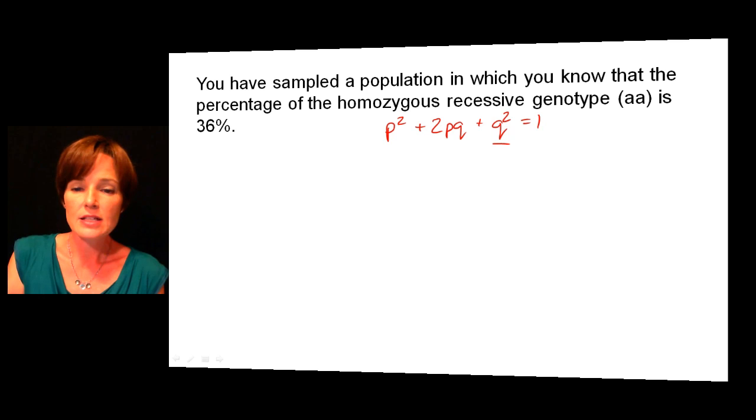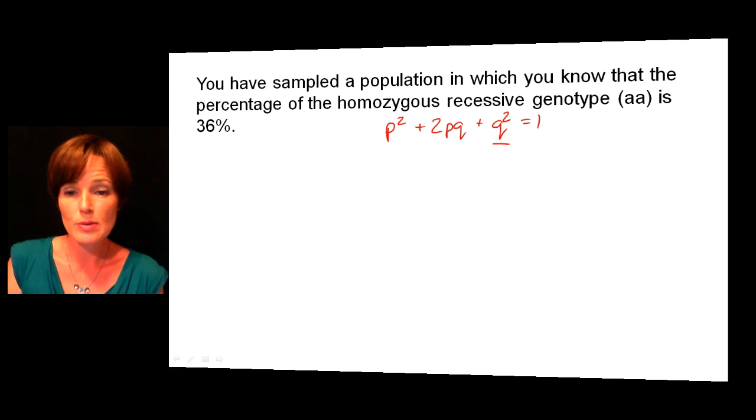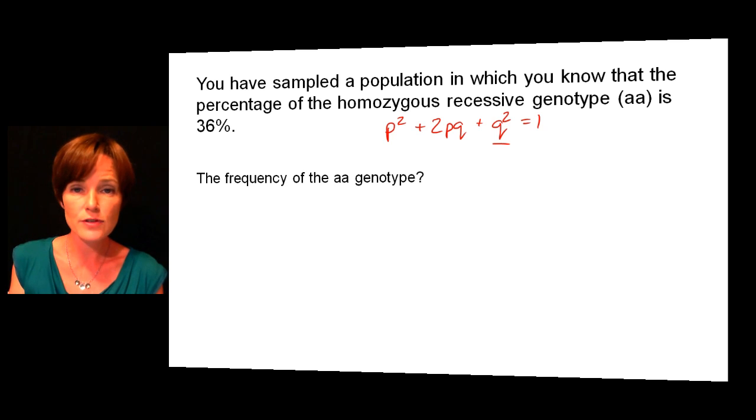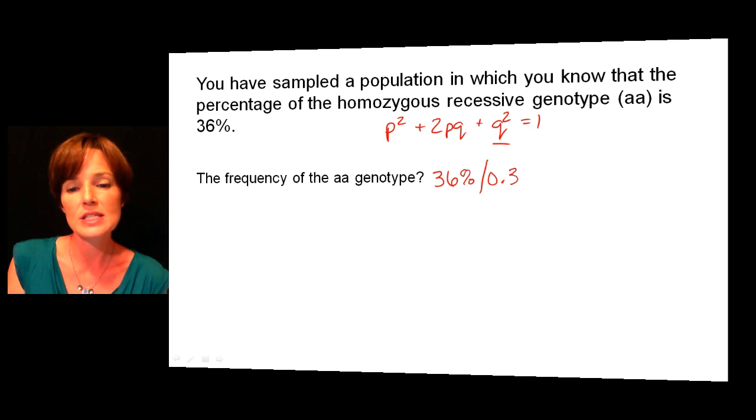We're told little a is 36%, so that's what Q squared represents. So the first question: what is the frequency of the little a genotype? Well, that part's easy. It's 36%, or you could also write 0.36, same difference.